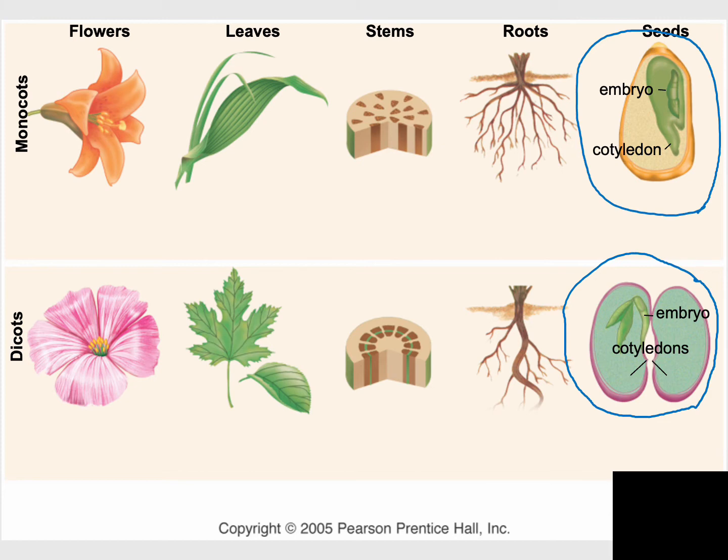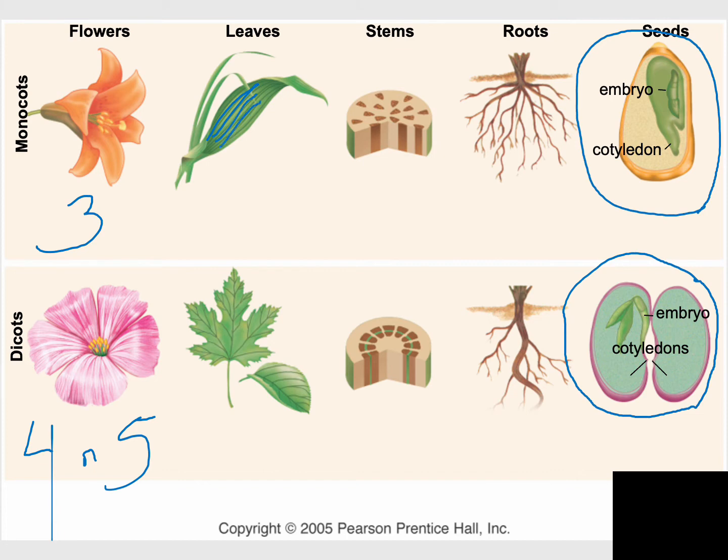So let's just review. Monocot flowers are in threes or multiples of threes, and dicots are in fours or fives. The leaves of monocots have smooth edges. They are long and slender, and you can see the parallel veins within.